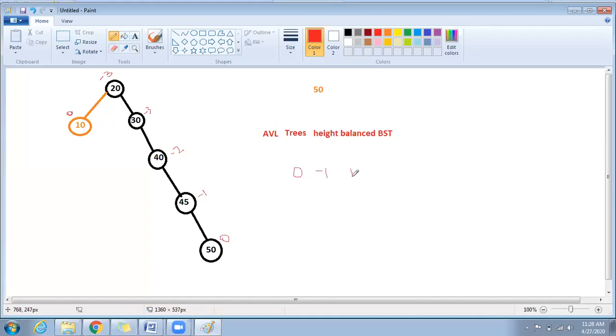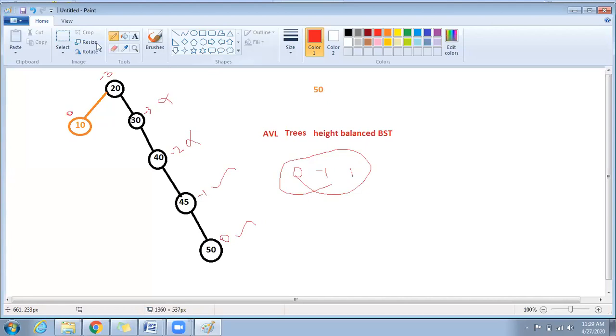That's all. 2 is not allowed, 3 is not allowed. So the balancing factor can be 0, minus 1 or plus 1. So when comparing the left and right heights of the tree, the difference should not be greater than 1.